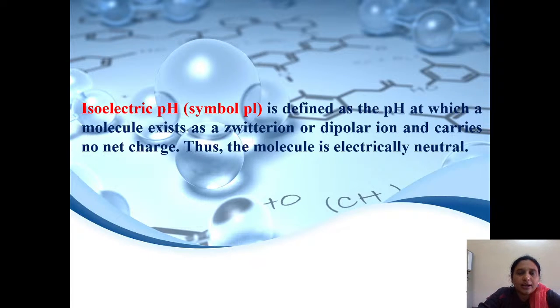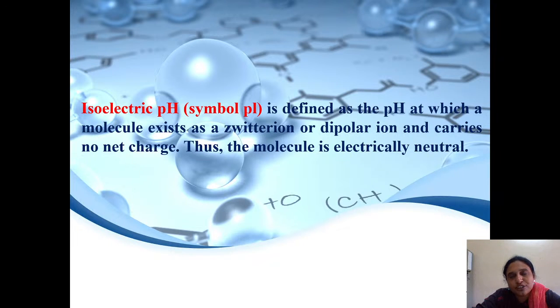Now the definition of isoelectric pH, which is represented by pI. Isoelectric pH is defined as the pH at which the protein exists as a Zwitter ion or dipolar ion, where it has an equal number of positive and negative charges.